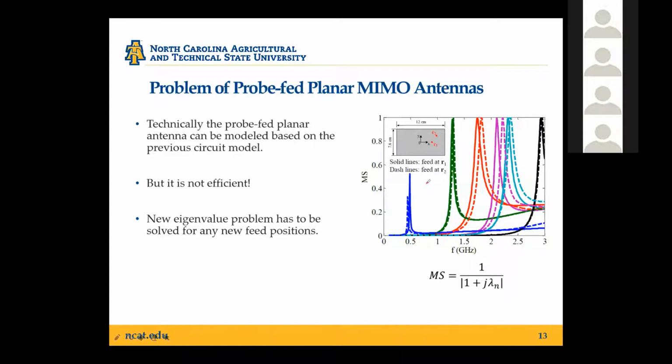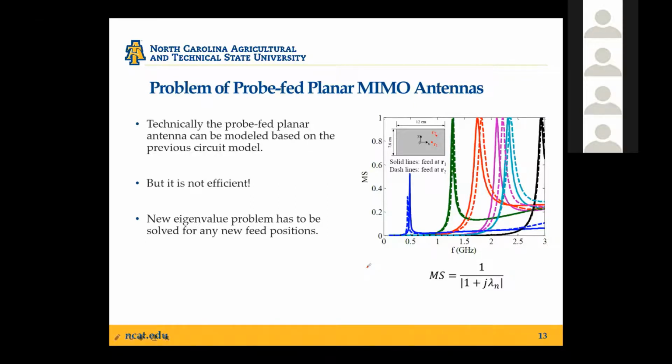It's essentially another way of showing the eigenvalue spectrum, right? The solid lines you see here are the eigenvalue spectrum when I feed a patch antenna at one of the locations, R1. And when I move my feed location from R1 to R2, we actually noticed that the eigenvalue spectrum changed into the dashed lines. So what that means is, for patch antennas, if you want to examine your input parameter response at a different feed position, you cannot reuse the characteristic analysis.